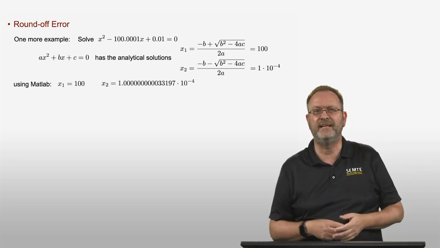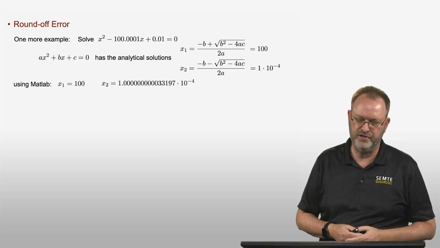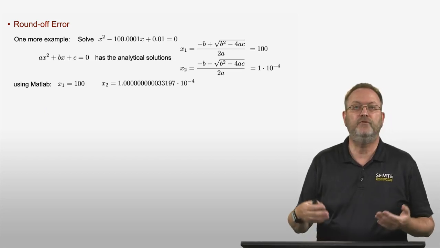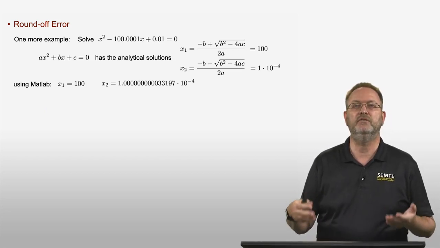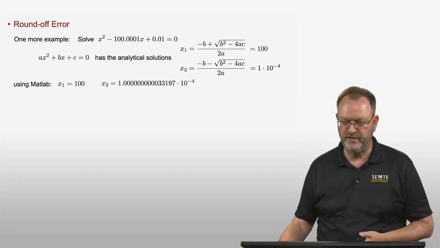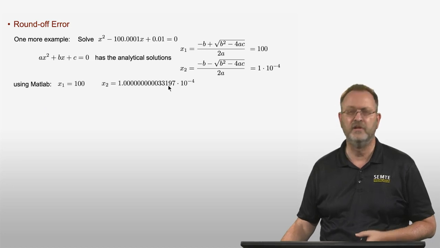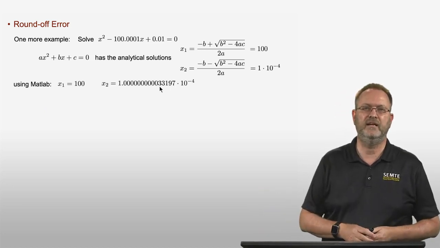And what you'll see is that x1 is 100. Well, that's the analytical solution as well. But what you get for x2 is not 10 to the negative 4. It is pretty much 10 to the negative 4, but then there's a whole lot of zeros, and then there's 33197 in these last digits, which really shouldn't be there in the analytical solution.